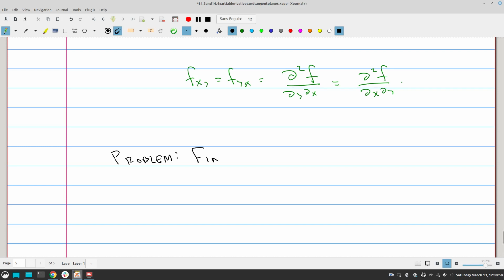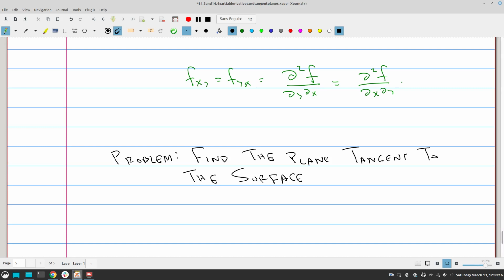Problem. Find the plane tangent to the surface z equals f(x, y) at x equals x naught, y equals y naught.